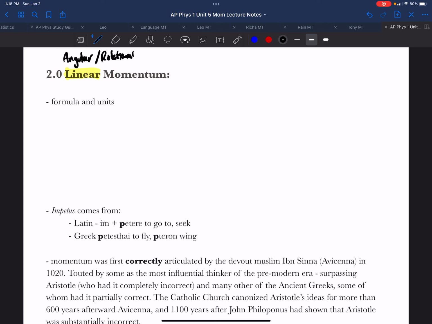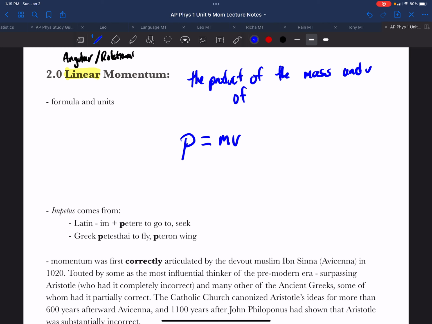So the formula for linear momentum is p equals mv. If you look up the definition of linear momentum, you'll find it's just the product of the mass and velocity of a body. So that's the formula: velocity, mass.